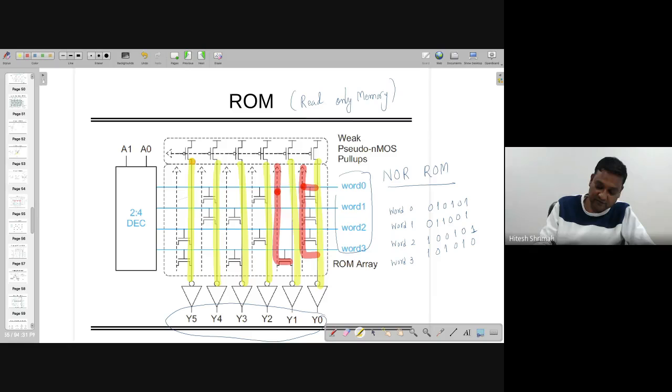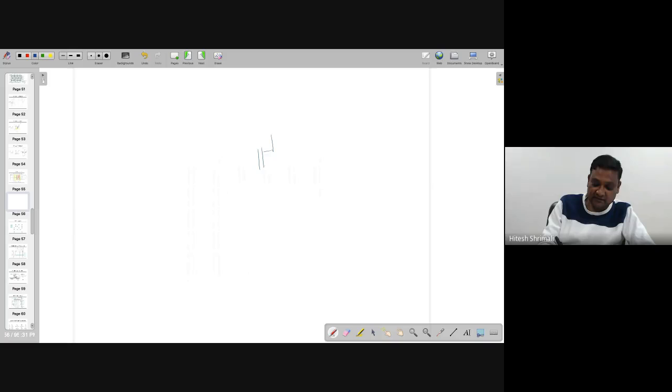Similarly here, you can see each one of the lines has transistors in parallel, so it makes the connection something like this.